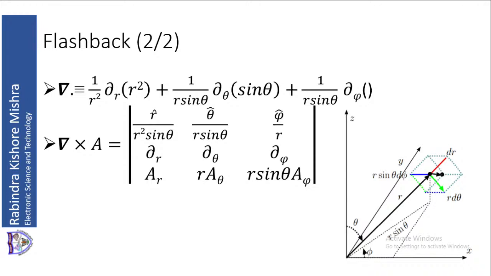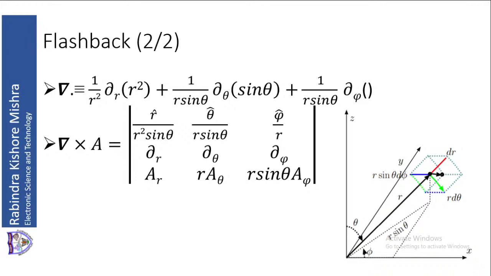In the last row, the elements are Ar, r A theta, and r sin theta A phi. So these are some vector identities that we are going to use later today.